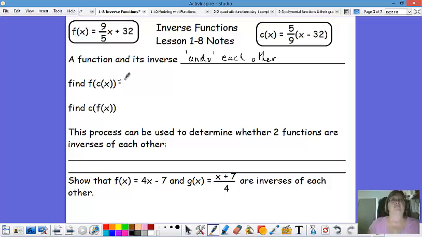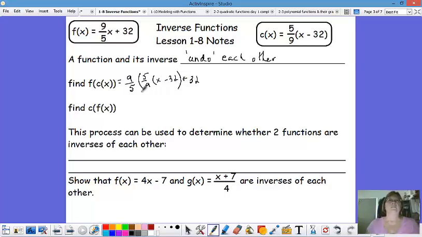So to do f of c of x, we need 9/5 times, where the x is this whole business, 5/9 times x minus 32, and then we are supposed to add 32 to that result.